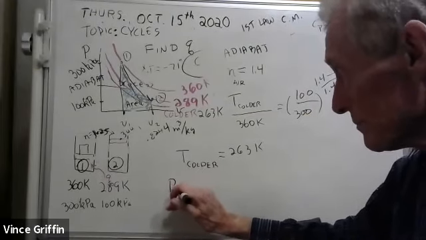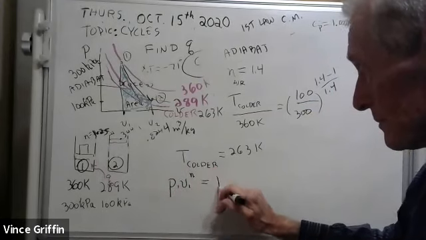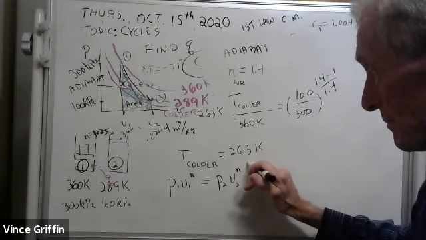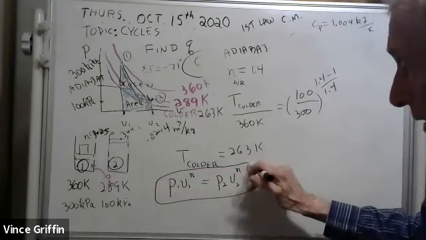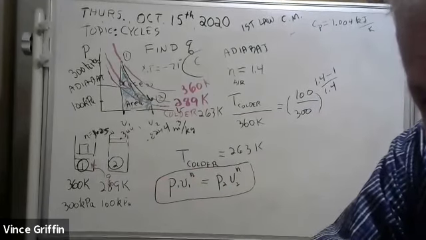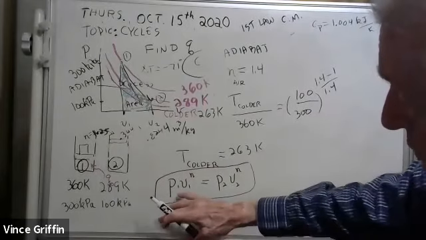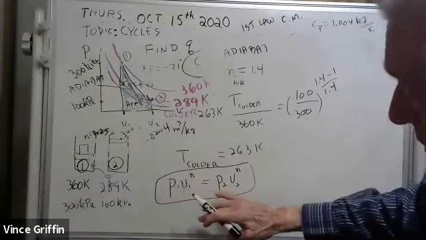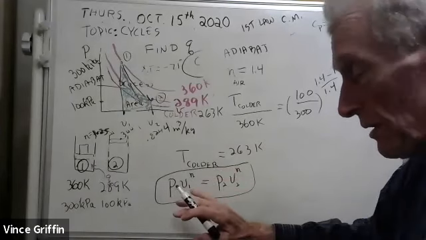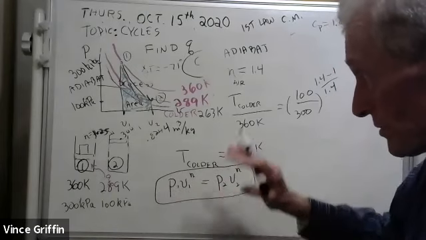You'd use this one. That's it. In fact, that's really the definition of what a polytropic process is. P1V1 to the N is equal to P2V2 to the N.